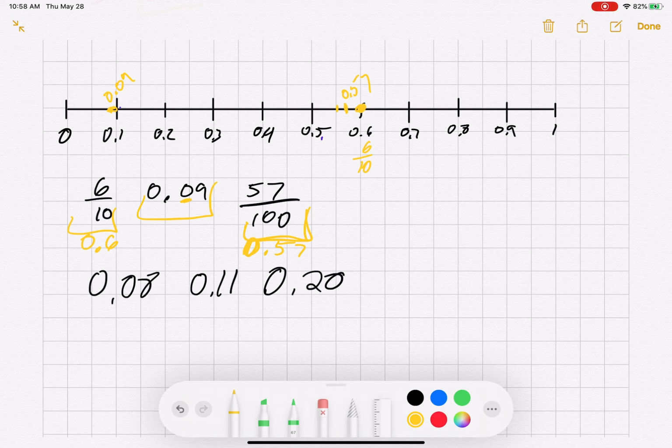Just pause the video again and write them in order from least to greatest. Okay, welcome back. I am now writing my numbers in order from least to greatest. So I have 0.09 is less than 57 hundredths, which is less than 6/10.